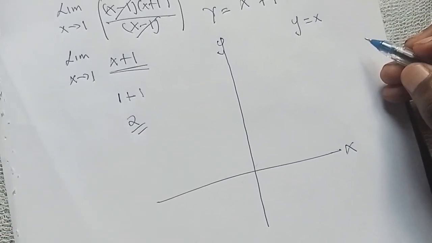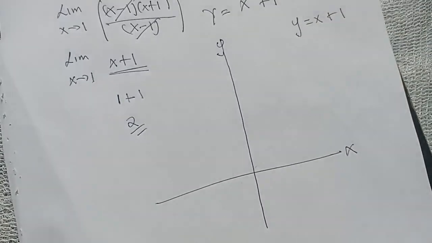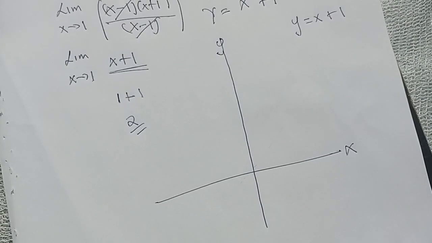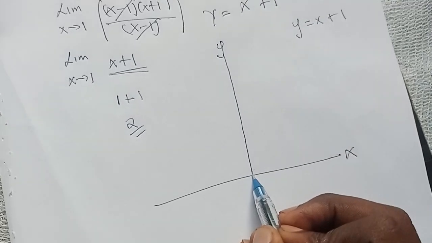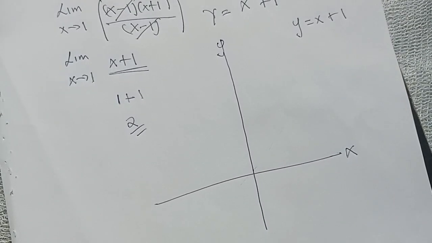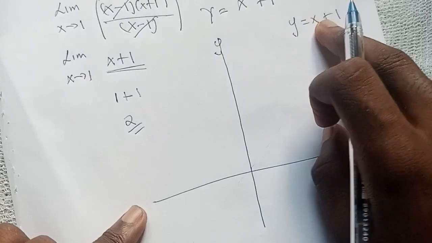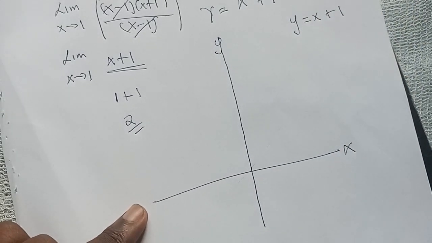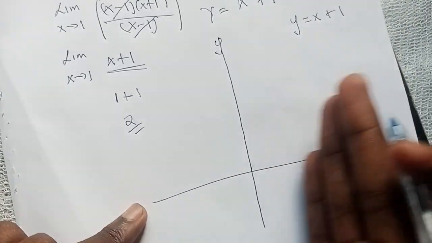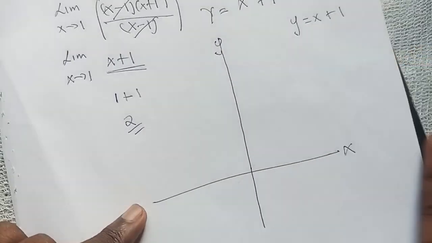But in this case, we've added a 1. The addition of this 1 simply means it's more like a shift. It has shifted from the origin to the negative side, one time. If it was minus, it would have shifted one time to the positive x-axis.